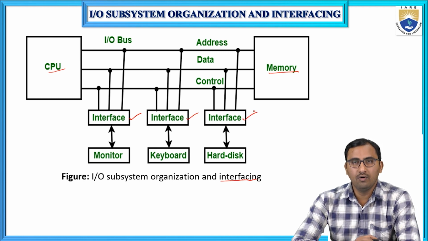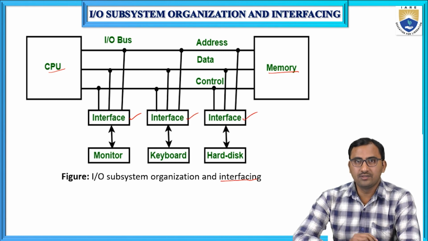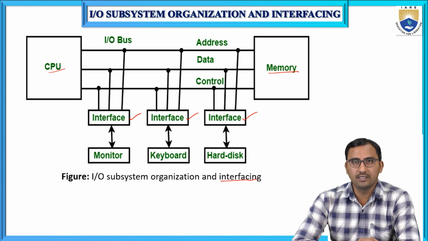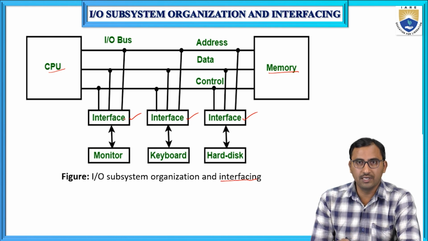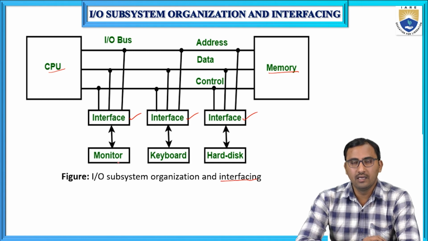In between the CPU and the IO device, we are using this interface circuit. We cannot connect any IO devices directly with the CPU, because there are some operational characteristic differences between the CPU and the IO device. Due to that, we cannot connect any IO device directly with the CPU.